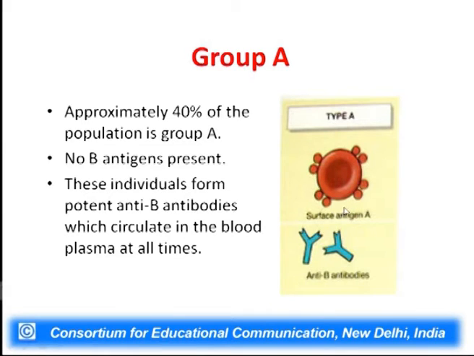So we always call them cell surface antigens or RBC surface antigens. They contain potent anti-B antibodies. So the blood will contain anti-B antibodies, but it will represent the A blood group. It is raised against B.